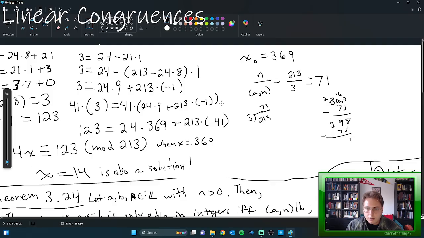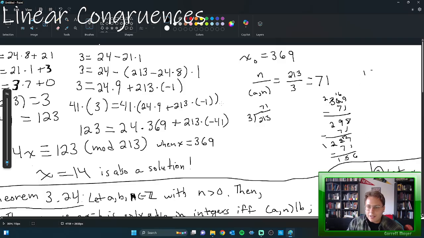So 227, is that another solution? Yeah, that gets us even closer. So then subtract 71 again. Sweet, okay, this will get us there: 156. That's one of our solutions.